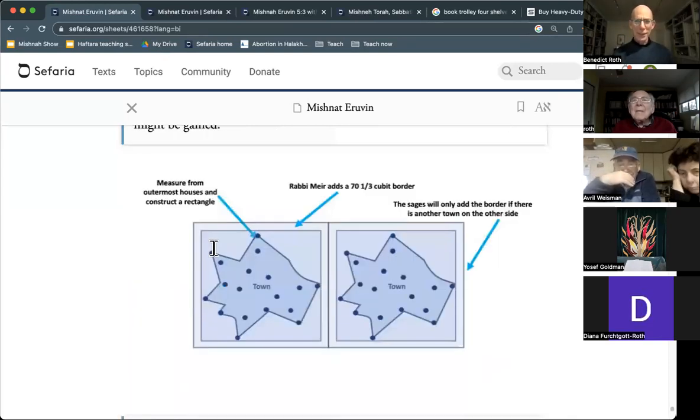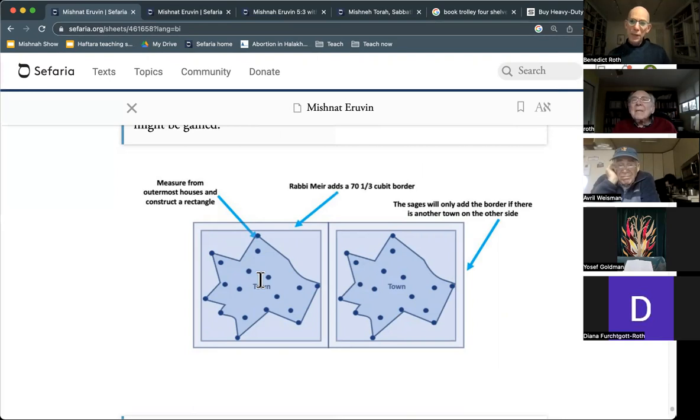And here's the kind of picture I just drew you. I'm sorry to be very late on translations. I'm just drawing you these pictures. So here you can imagine a picture of a town. We've got houses scattered all over the town, providing that the outermost one is less than 70 1/3 cubits from the next one in. We measure from the outermost ones.